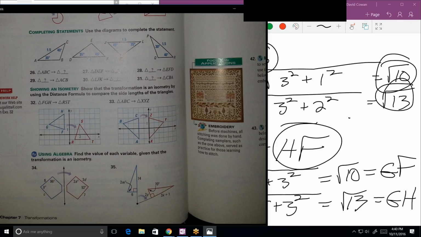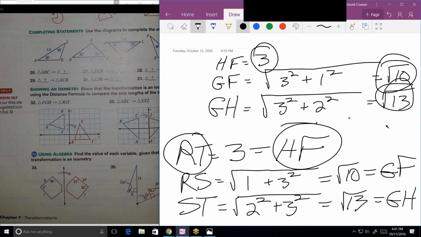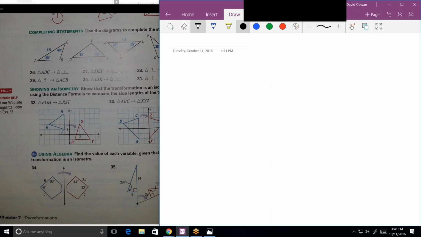Okay, let's look down at the bottom here. Given that we're looking at an isometry, how do I solve for some of these variables? You can already assume that 96 equals 2a, giving you an a of 48.